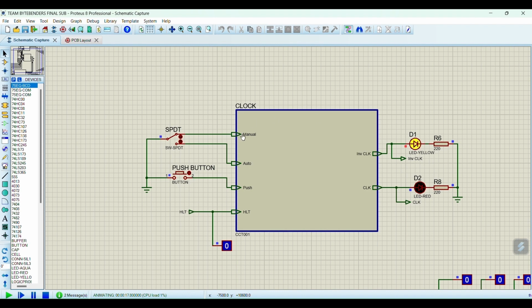And we can push our button continuously and continuously change the state of our clock output. If we convert the SPDT switch from manual to auto, we can see that the clock pulse signal is changing its state automatically in the auto mode. And we can also see that the halt is in 0.